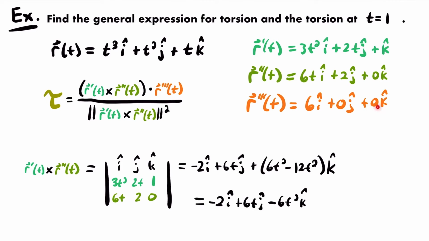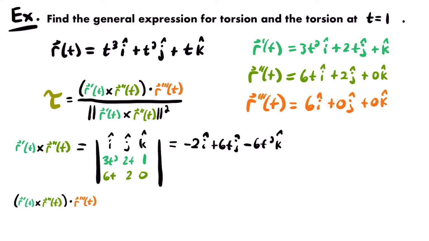Notice that 2 of the components of the third derivative are 0. So really, 2 of the parts of the calculation for the dot product are just 0, because you take the sum of multiplying the corresponding components. You would take negative 2 times 6 plus 6t times 0 plus negative 6t squared times 0. Here's what that looks like.